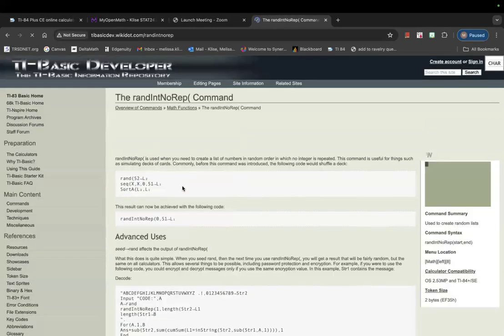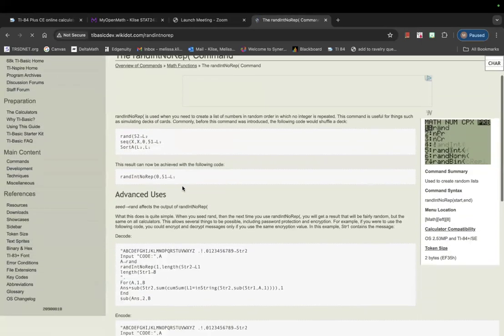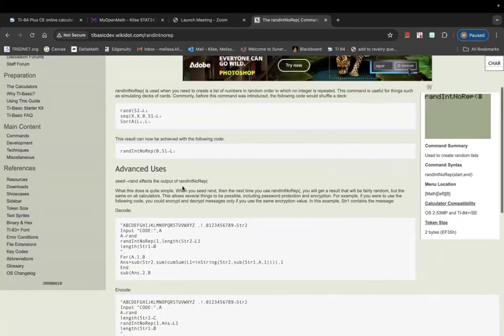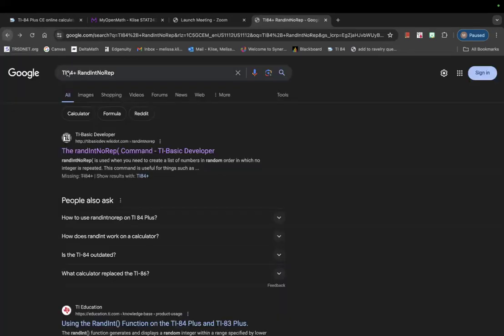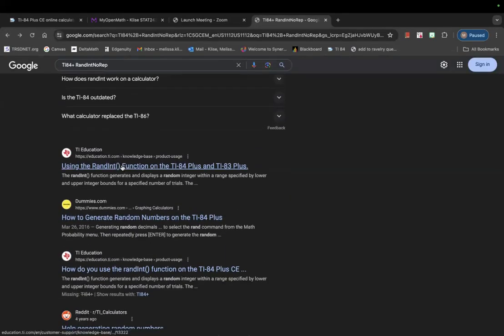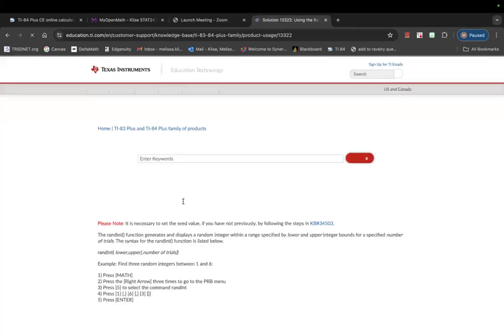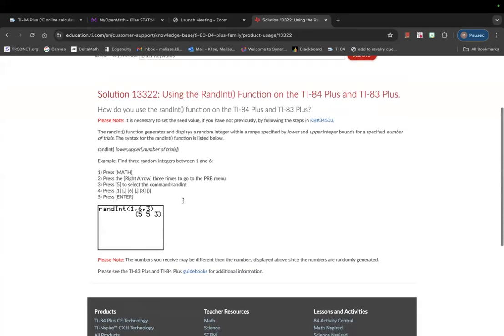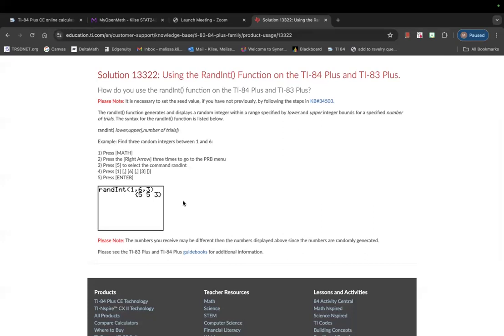How to use the randInt no repeat. It shows do 1 comma 6 comma 3, so 1 to 6 and choose 3 of them.